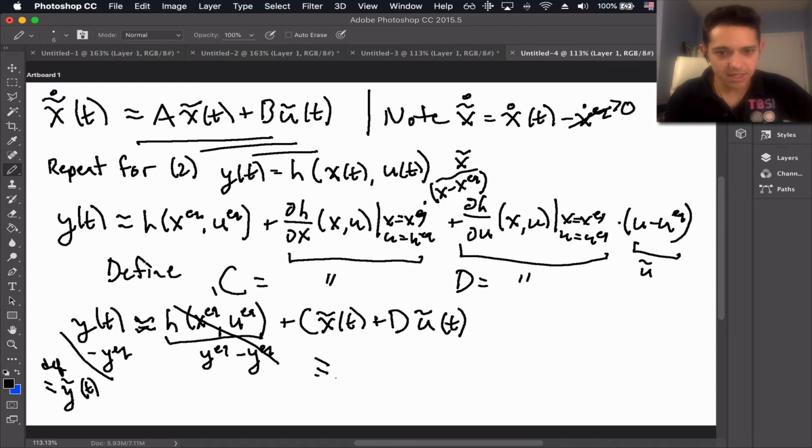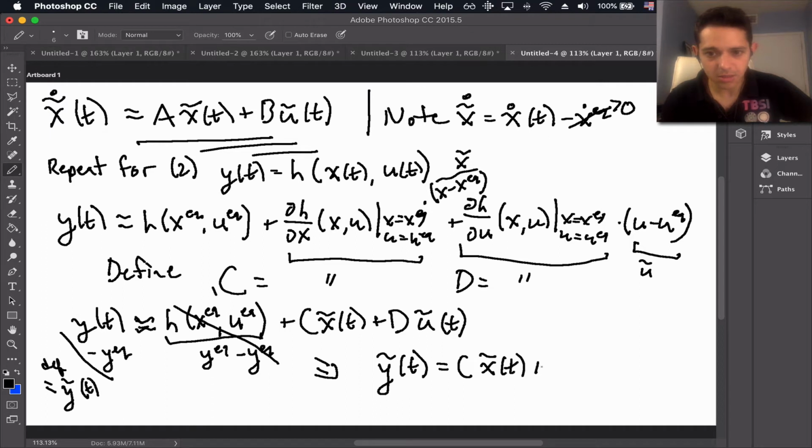Once I do that, I then arrive at the final output equation, which looks like y tilde equals C x tilde plus D u tilde. So as you can see, the left-hand side is a bit different than the state equation.